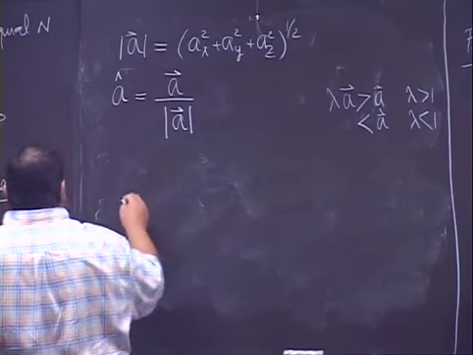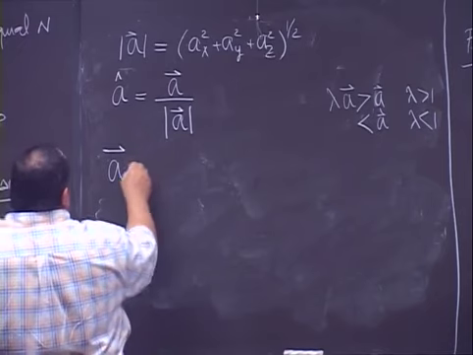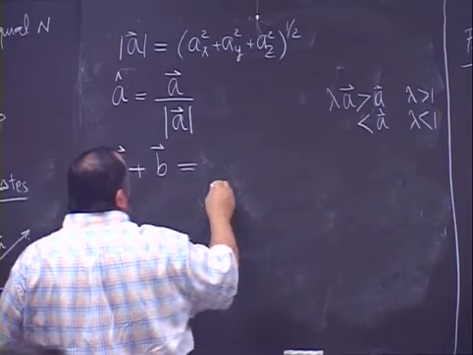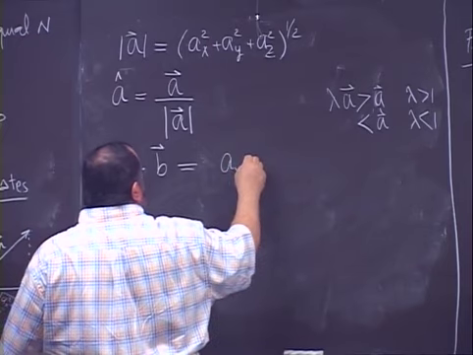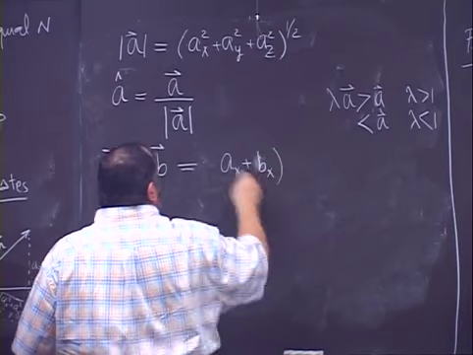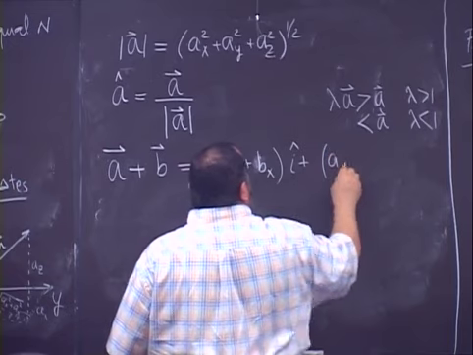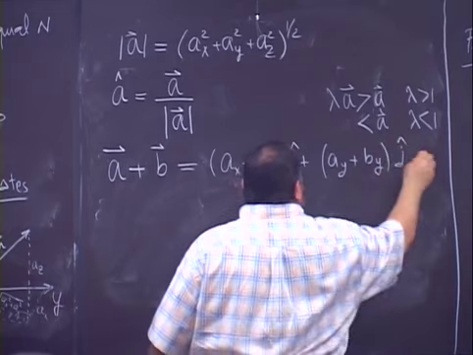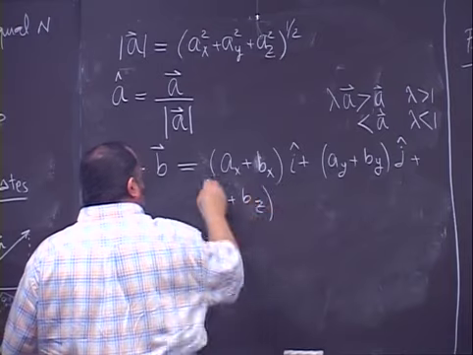So the properties in three-dimensional space of vector addition: we have vector A plus vector B, then this will be (AX plus BX) in the I direction, plus (AY plus BY) in the J direction, plus (AZ plus BZ) in the K direction.